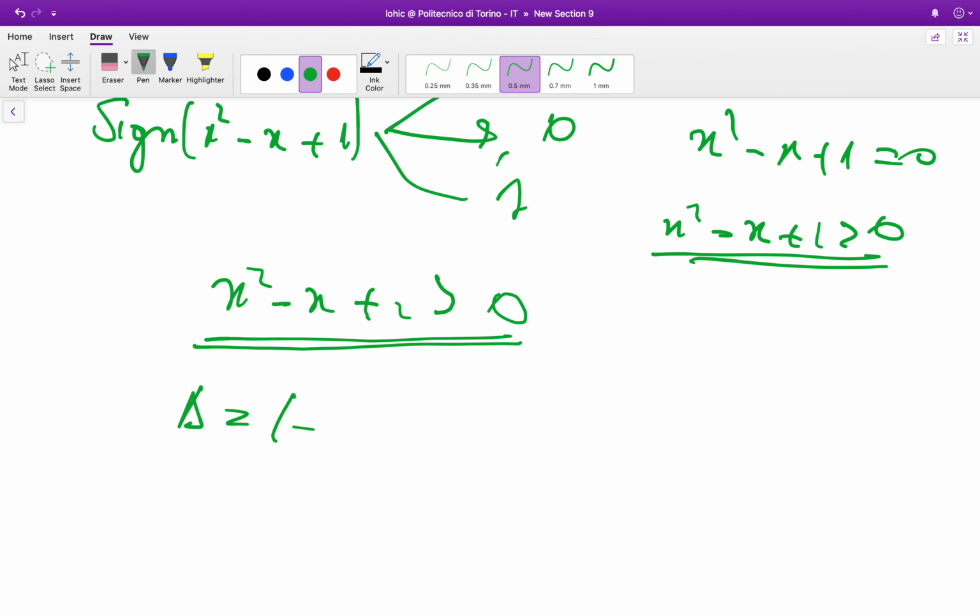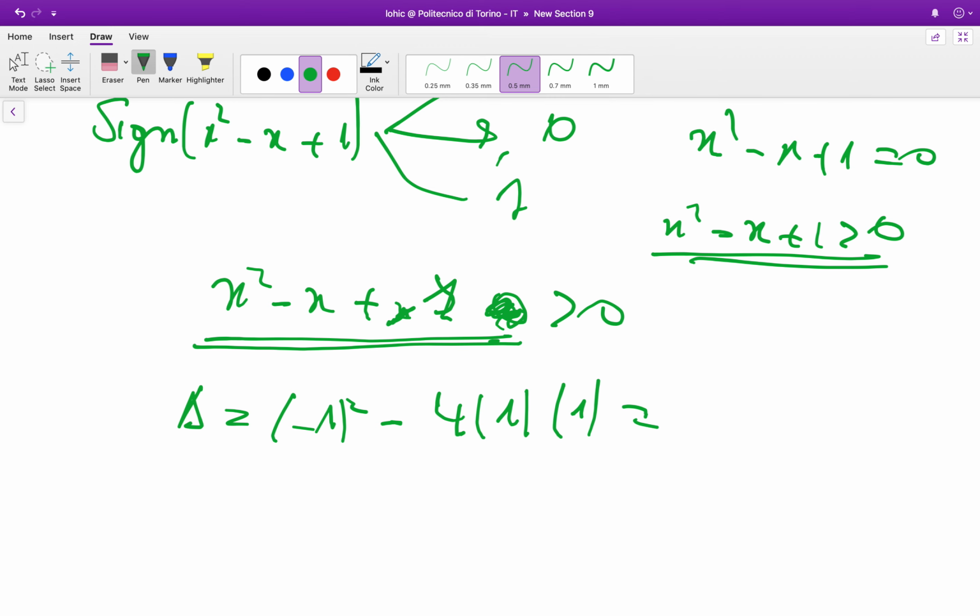This will be minus 1 squared, then minus 4 multiplied by 1. I'm just computing the discriminant.